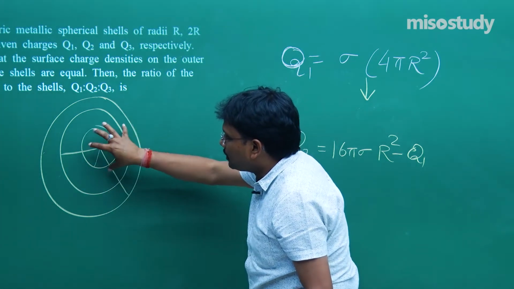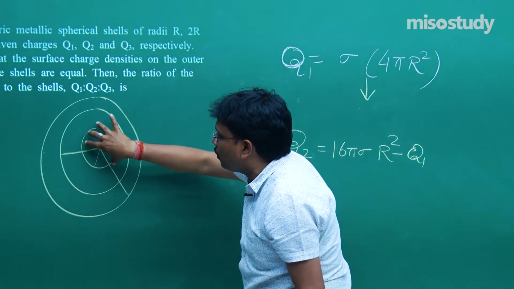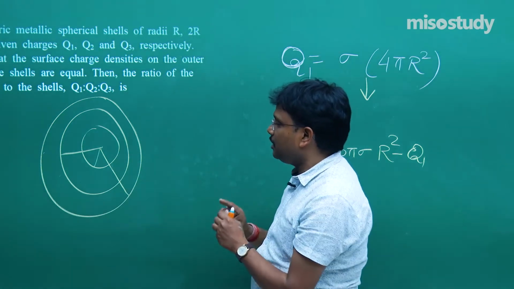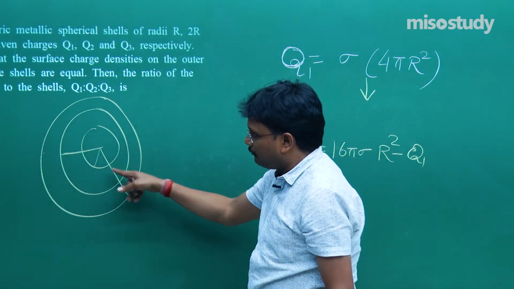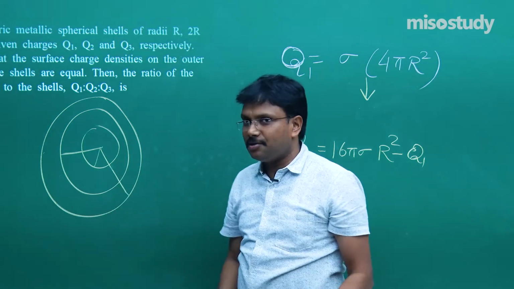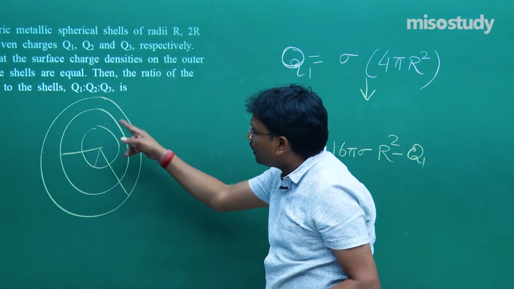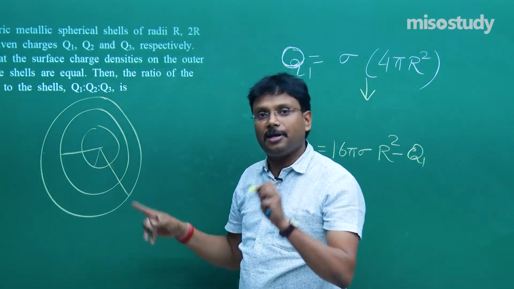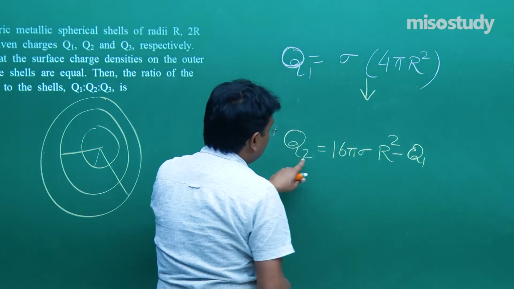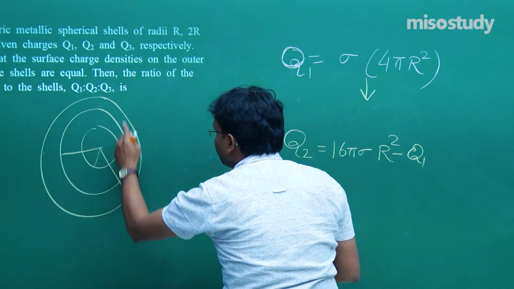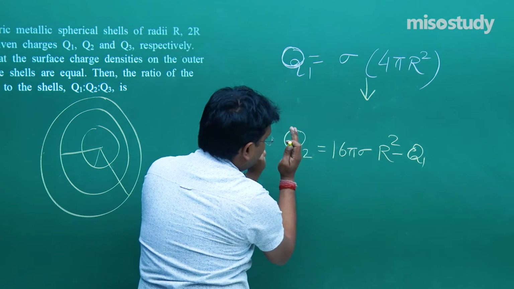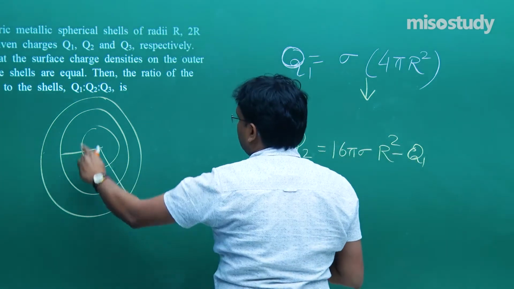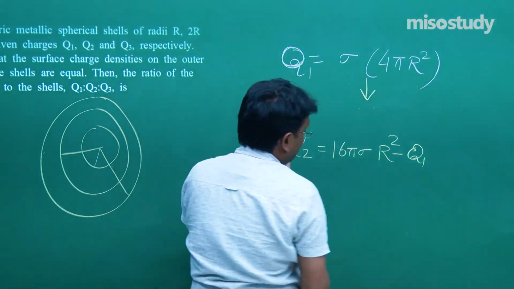So if I am trying to say that the surface charge density on this is equal to the surface charge density on this, then very clearly it's visible to me that the surface area for both these is not the same. So ultimately, if we want to talk in terms of charges, we have to do something with the surface area. Fine. So that's why I'm saying obviously the surface area of Q2 is more. So that's why surface area of this Q2 times surface charge density, and if we subtract this Q1, obviously we are going to get the exact value for this.